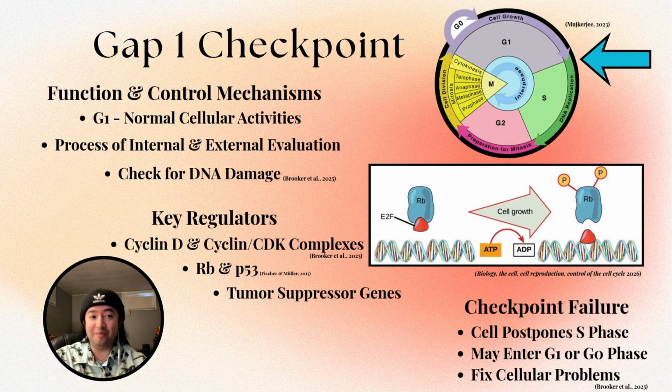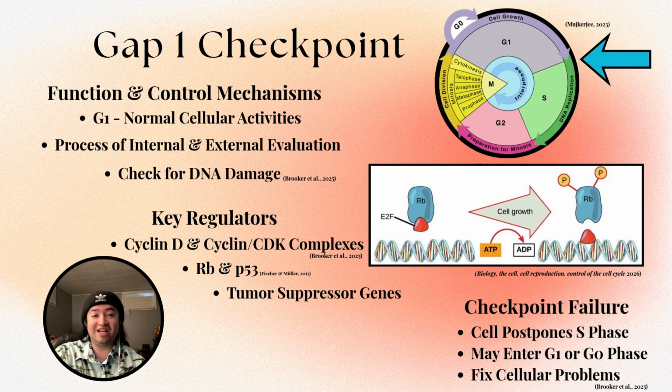It does this by binding to cyclin-dependent kinases, or CDK, and forming cyclin-CDK complexes. These complexes will then inactivate RB, or what's called retinoblastoma protein, a negative inhibitor.